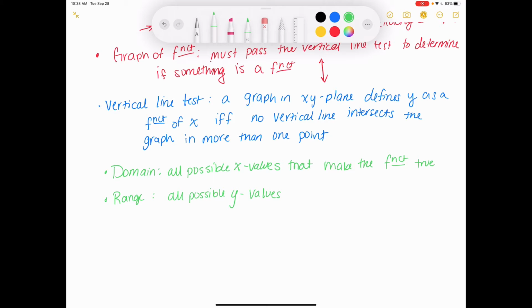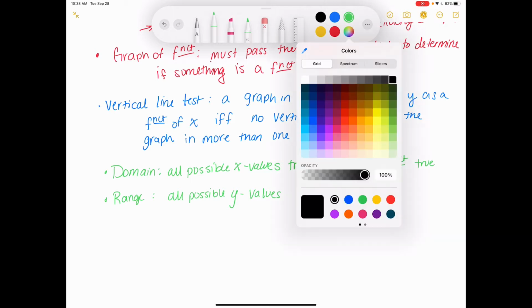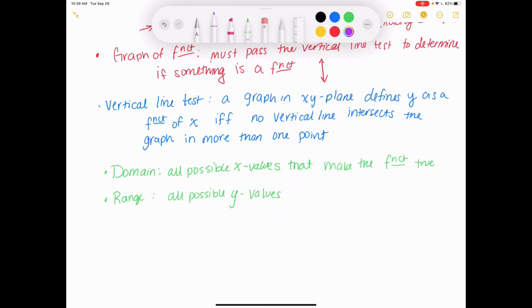All right, so the next thing here is continuity. All right, so with continuity, okay, it's kind of the next big topic.